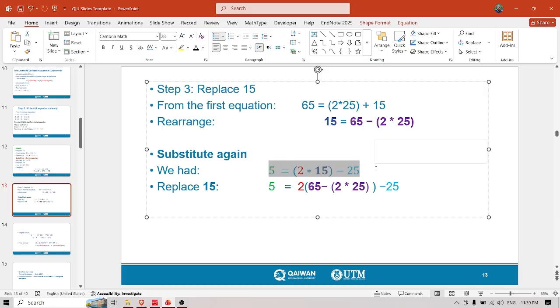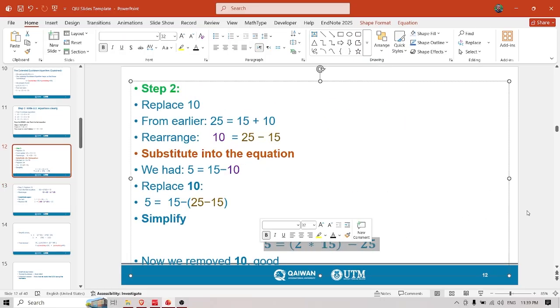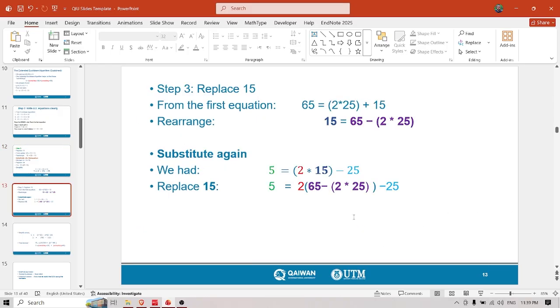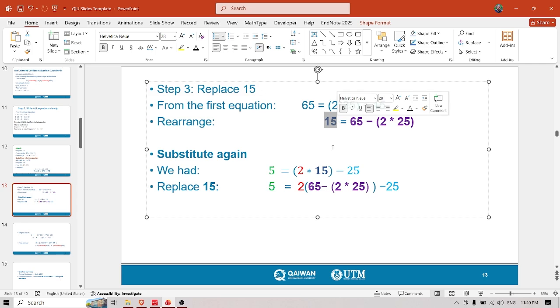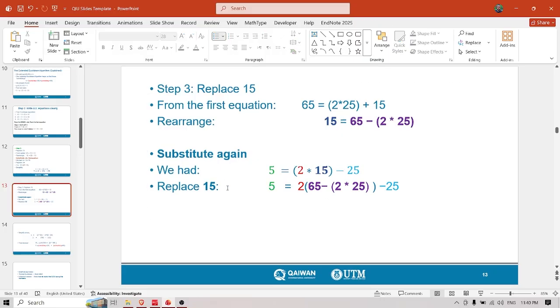We had this from before, from this step. We will take it here, and this 15 we will rearrange: 2 multiplied by 65 minus 2 multiplied by 25, and minus 25. We just replaced the 15.